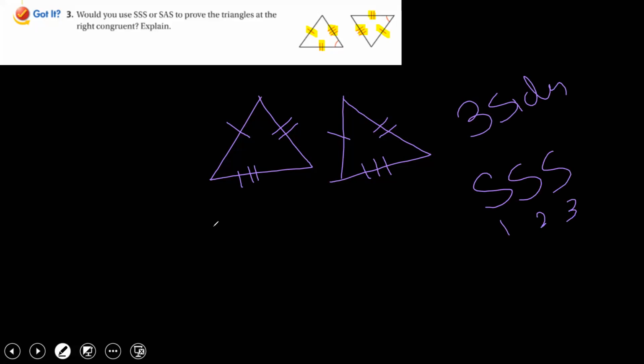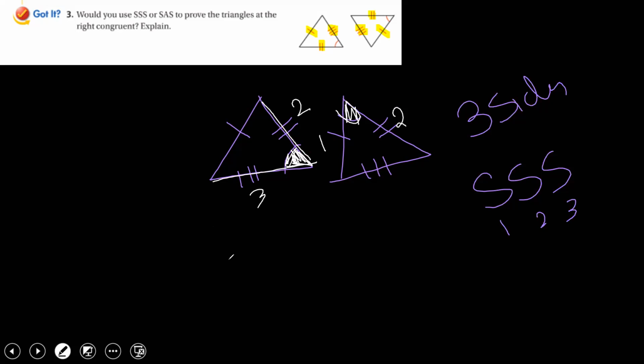Okay, and the second one here, if I'm talking about the angles, look at here. Here you have this angle and this angle. This angle is an included angle between side 2 and side 3. But this angle is an included angle between side 1 and side 2.